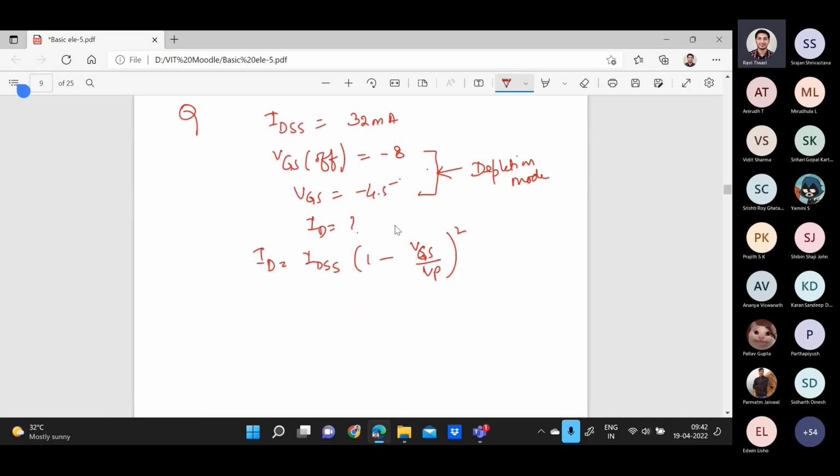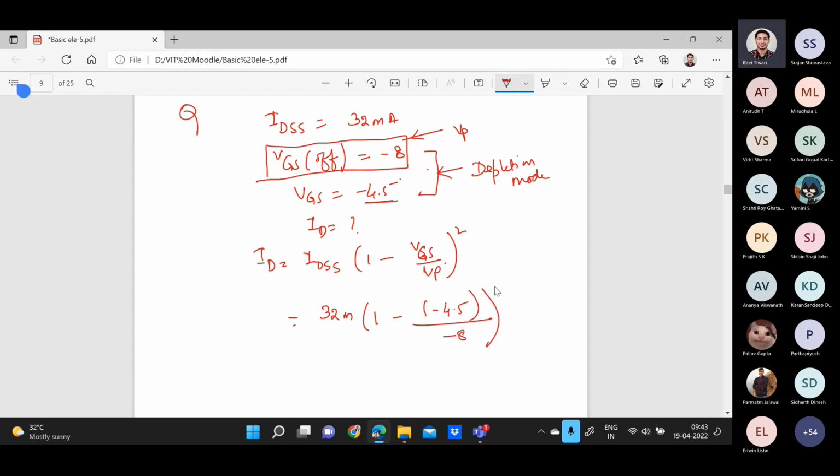Now the question is, we don't have the value of VP. The VGS at offset is the pinch-off voltage VP, so you can take it as VP. Now IDSS is 32 milliamps, 1 minus VGS, minus 4.5, and VP is minus 8.